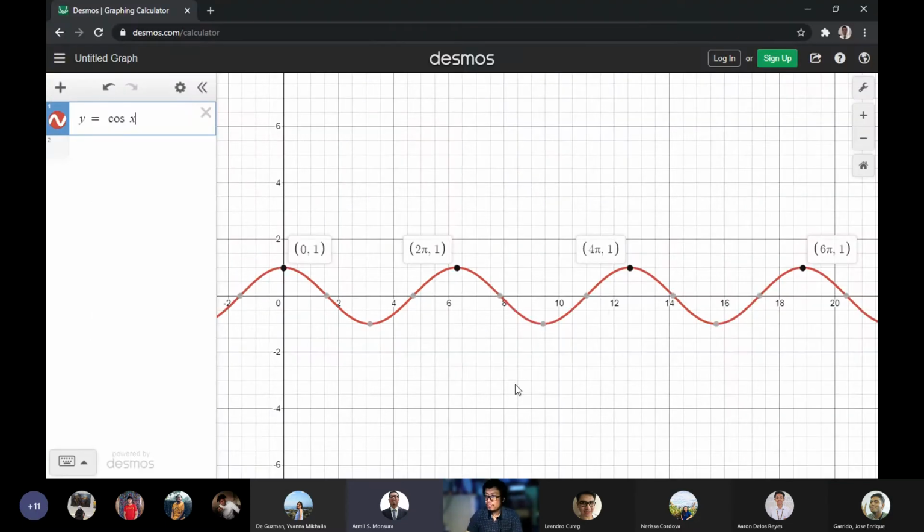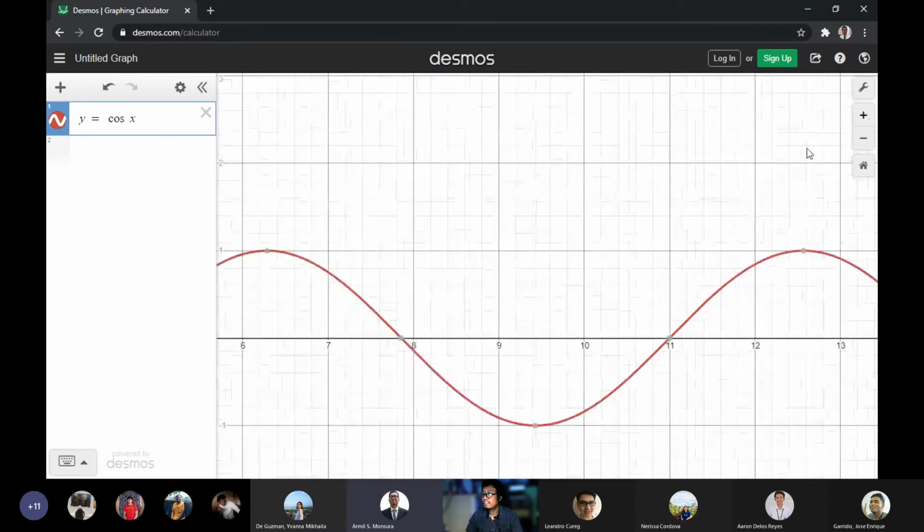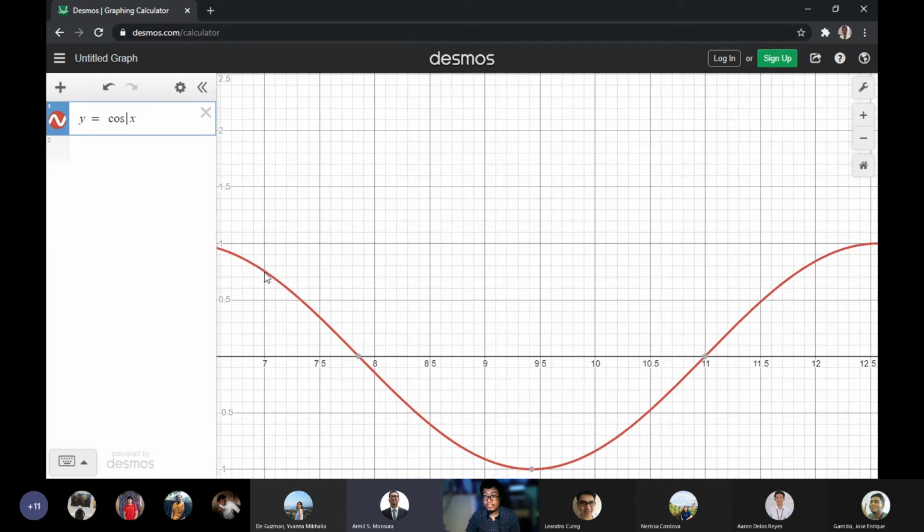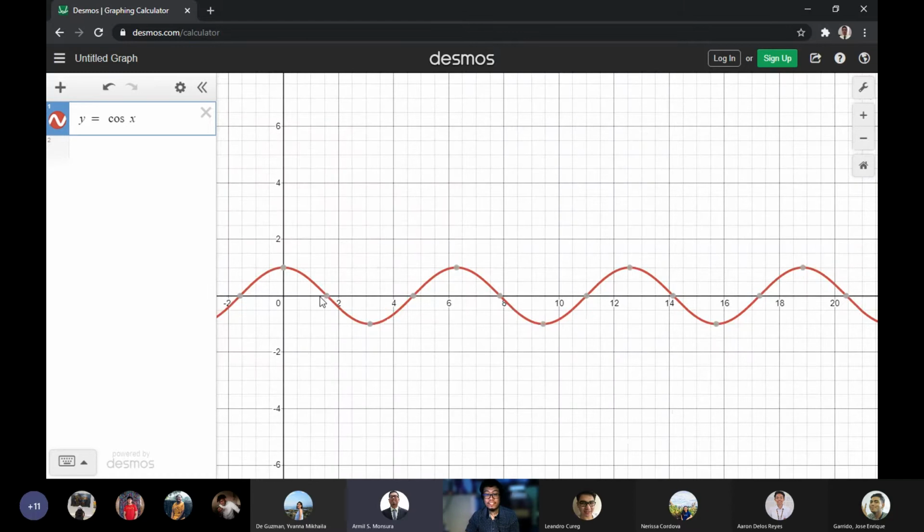Okay. So, from here, let's find 7.28. Makita natin yan approximately dito. Yan, 7.28. So, approximately at that point, the value of the function is 0.54, approximately the same as the value when x equals 1.